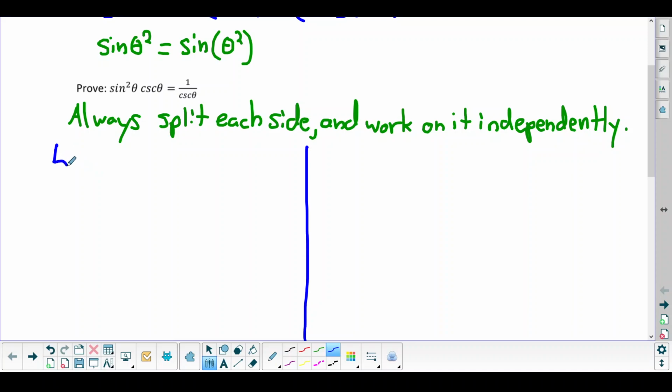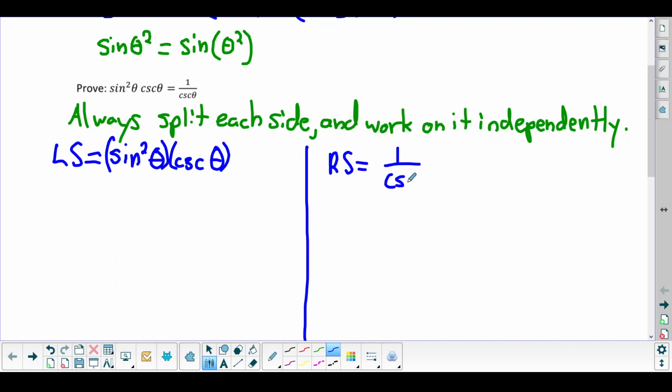We're going to say the left side, LS, is equal to, and then we'll write out our question, sine squared theta times cosecant theta. These are multiplying, so we'll put some brackets around those if we'd like. And we'll work on the right side, equals 1 over cosecant theta.